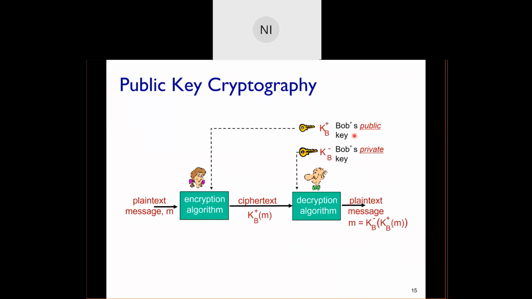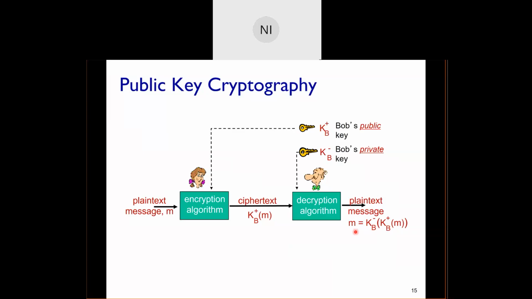As I was mentioning, the public key is known to anybody on the internet, so even Alice knows Bob's public key. She takes Bob's public key, encrypts the message and generates the ciphertext. After receiving the message, Bob has his private key and applies it to this encrypted message to get back the plain text.